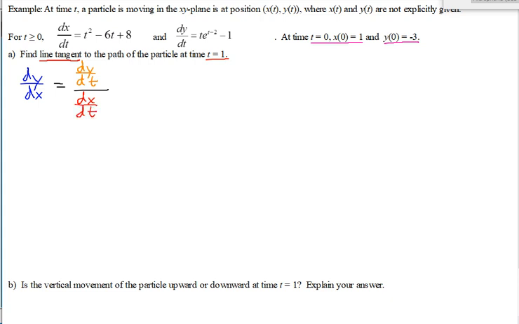The difference here is we don't need the whole equation, in which case we would just put these two in. We need them specifically at time 1. So, if we want the derivative specifically at time 1, we need dy dt at time 1 divided by dx dt at time 1. Since we're not interested in the equation for dy dx, in this case, just the slope specifically at time 1. So let's answer this in our calculator.